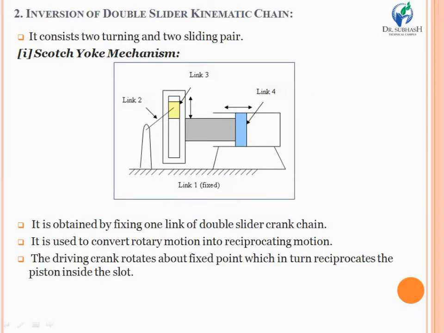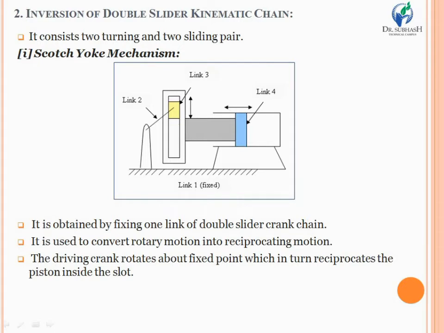Now after that, there is the inversion of the double slider kinematic chain, which has two turning and two sliding pairs. The first inversion that we get from the double slider kinematic chain is the Scotch yoke mechanism. Generally, the Scotch yoke mechanism can be easily obtained if you fix any one link of the double slider crank mechanism.